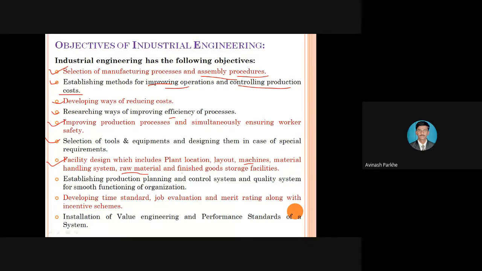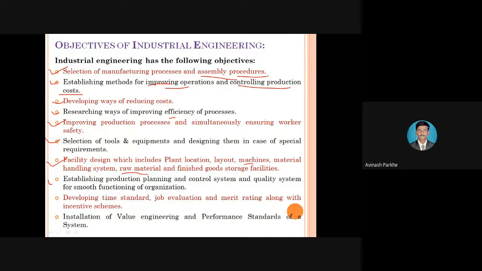And whatever final products we are manufacturing, the storage facility should be available in that particular industry. It is not possible that once the product is finished, it can be kept at a particular corner. That situation should not happen in the industry. The proper layout should be designed, so that after performing the number of operations, once your product is finally developed, it reaches the storage device for quality checking or further packaging.